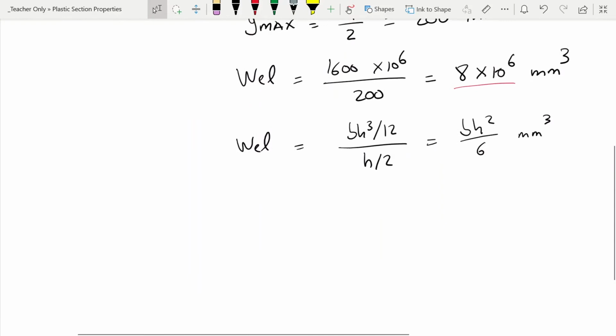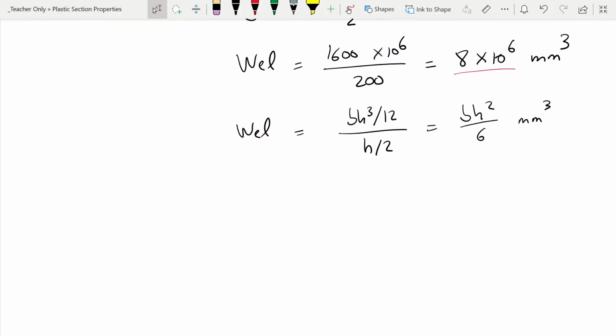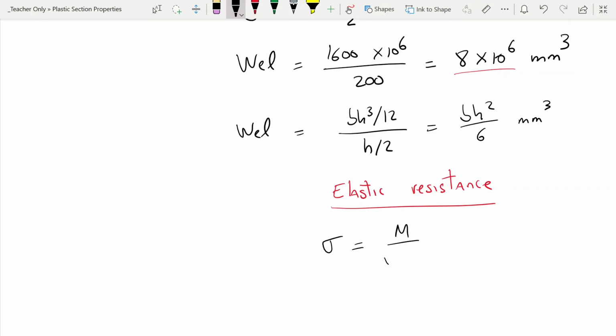But we can now calculate something very interesting, which is the elastic resistance of the section. And the elastic resistance is nothing more than taking this equation of sigma equals M divided by W elastic and just replacing sigma, so the maximum stress, with Fy being the yield stress of the material.